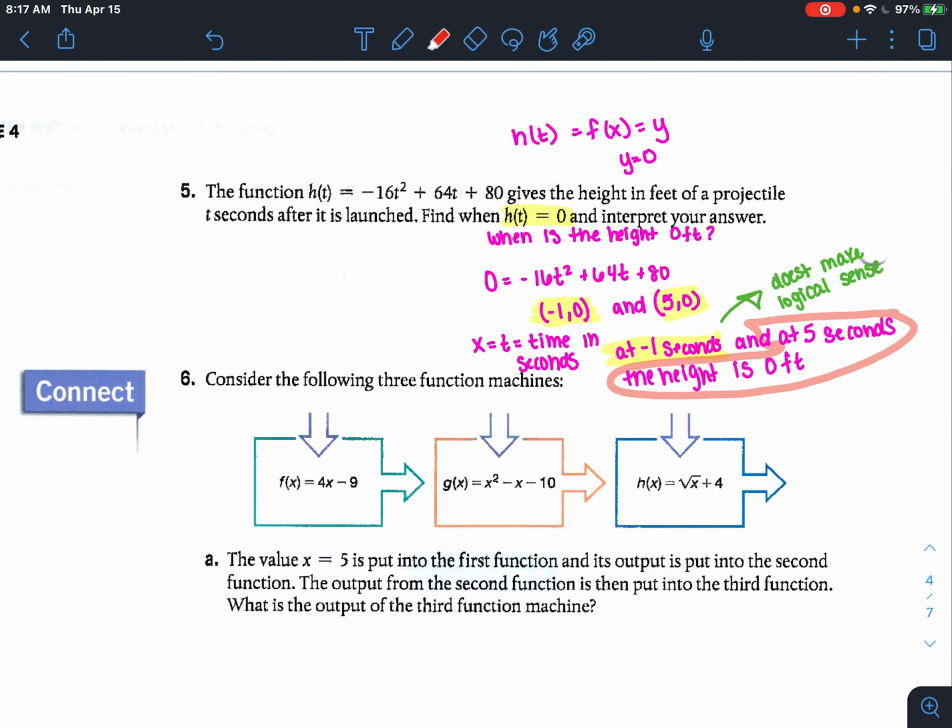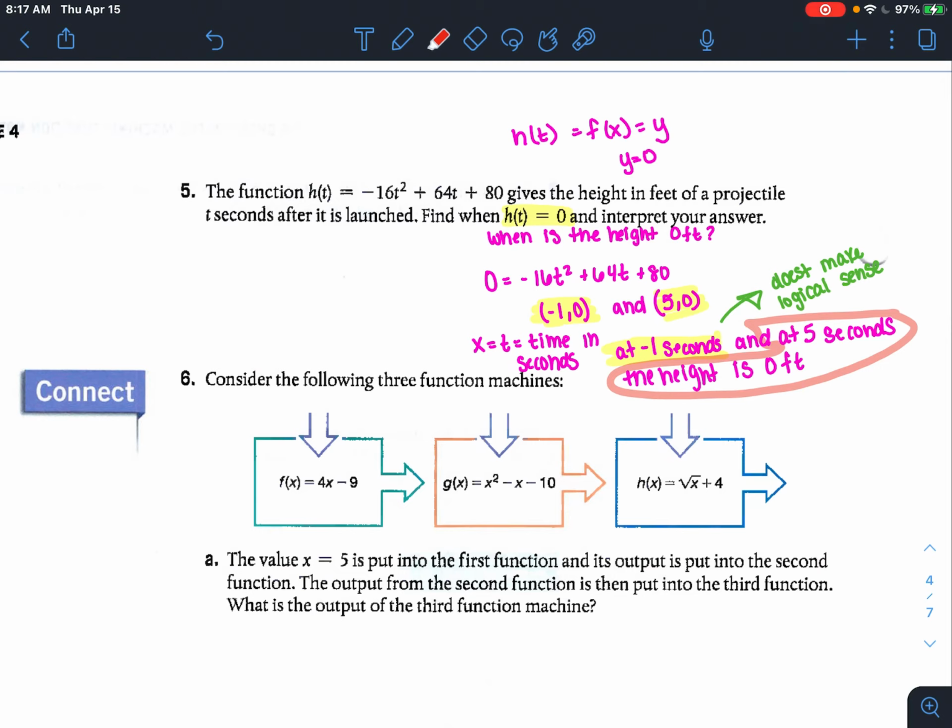Okay. Whew. And for our last one, considering the following 3 function machines. We want to find the value of x equaling 5. It's put into the first machine, its output is plugged into the second machine, and the output of the second machine is plugged into the third machine.